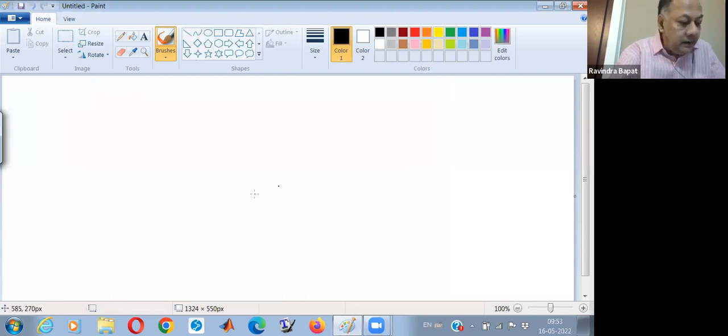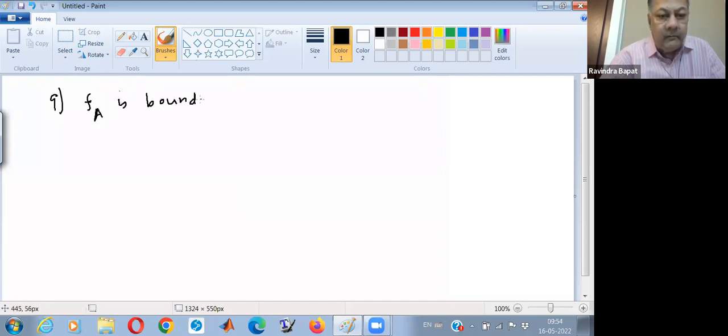Okay, the next two results I think I'll state without proof. The next result is actually not that difficult, but you can look it up. It just says that f_A is bounded. f_A is a bounded function over E_n.